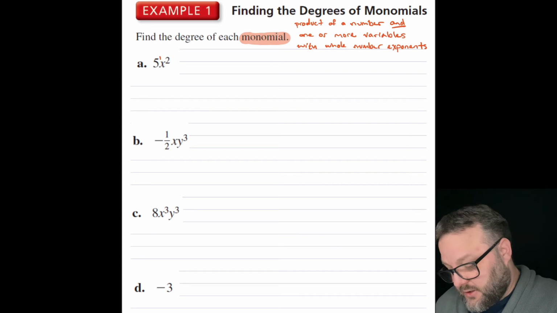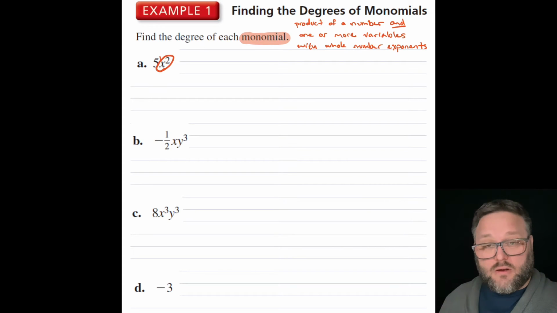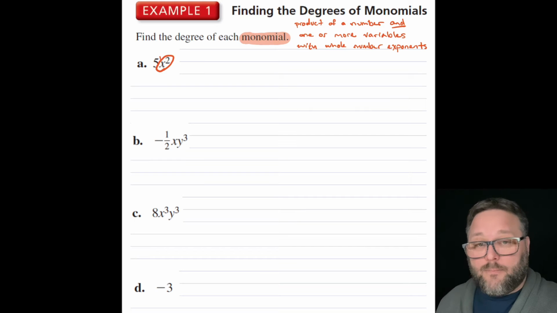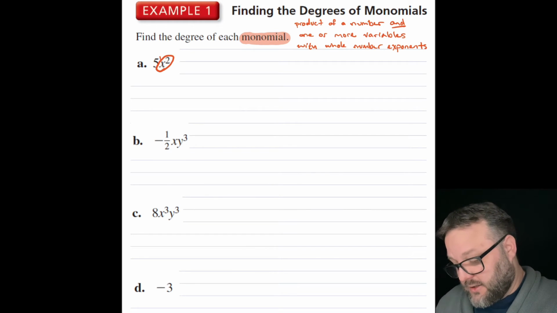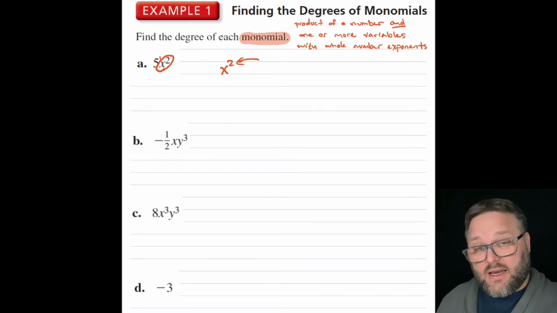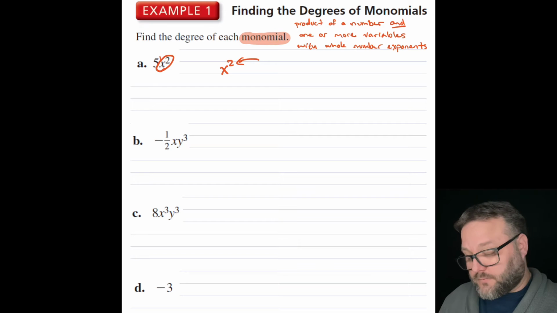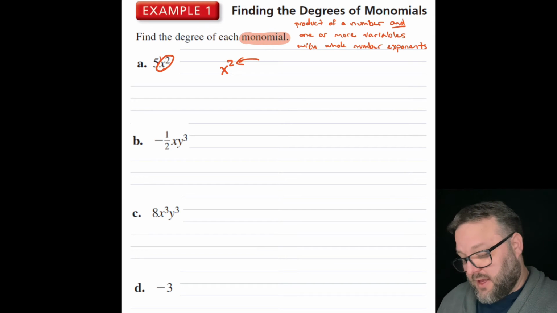All we're actually looking at is any variable, and then we add the powers for all variables I find. So I need to look at this x to the second and recognize that that is a 2. And so the degree of 5x squared is the second degree.